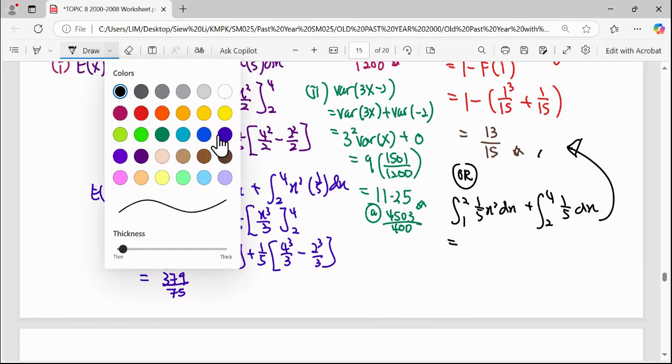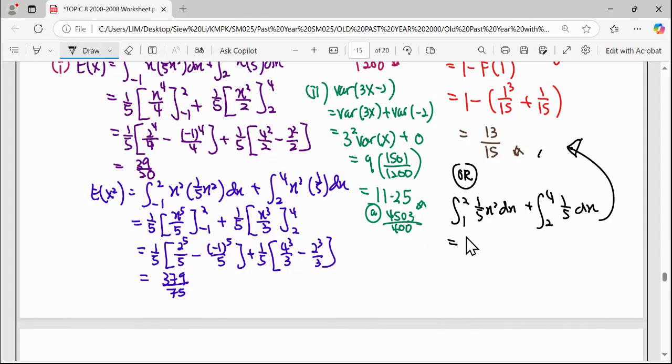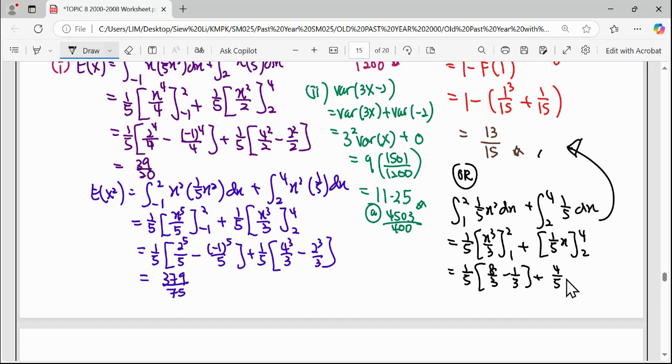Then the working will be just integrate 1 over 5 x cubed over 3 2 1 plus integrate 1 over 5x, so 4 over 2 upper limit minus lower limit. So you can get 13 over 15 also. Alright, so that's all for this.